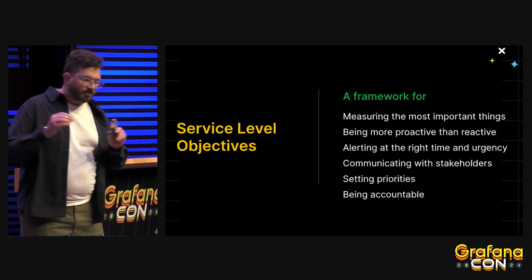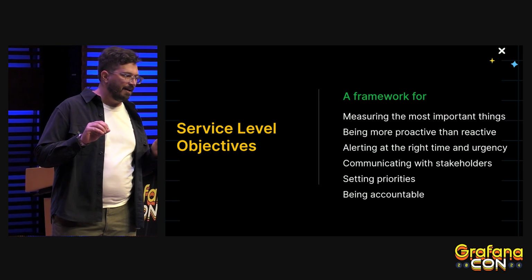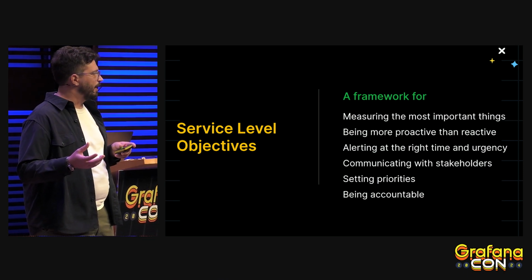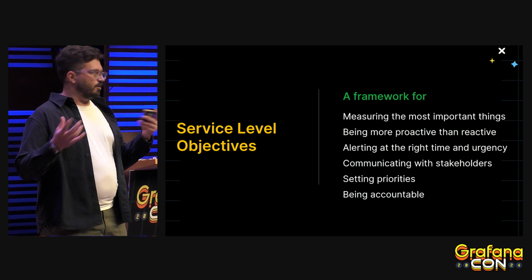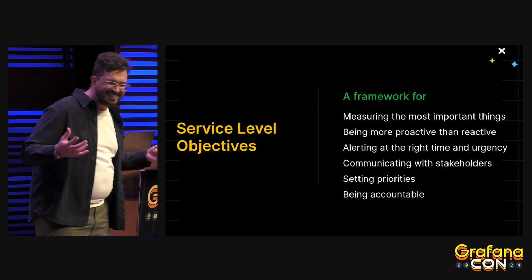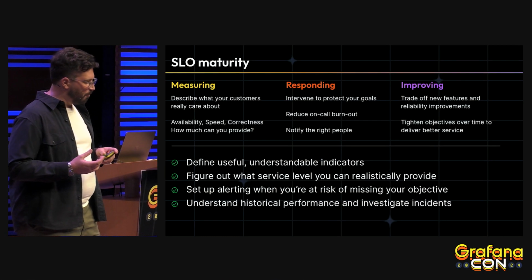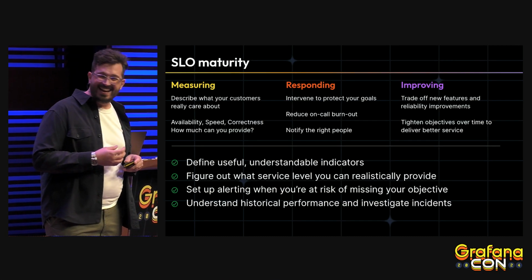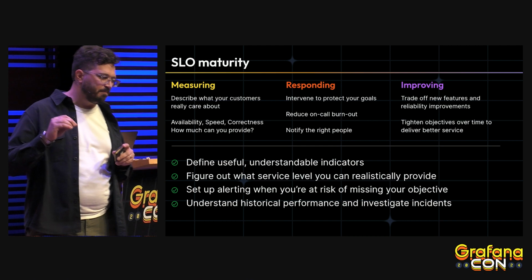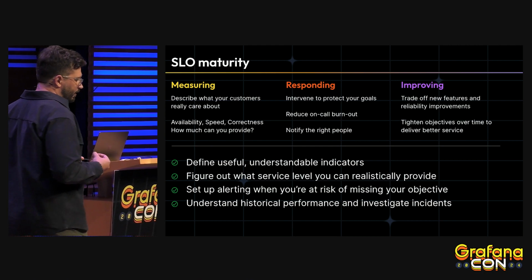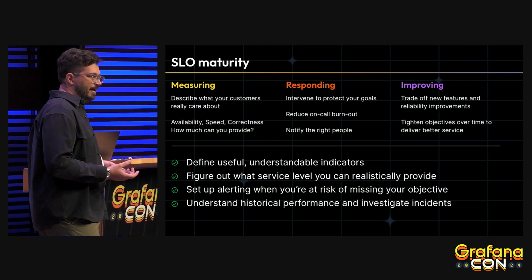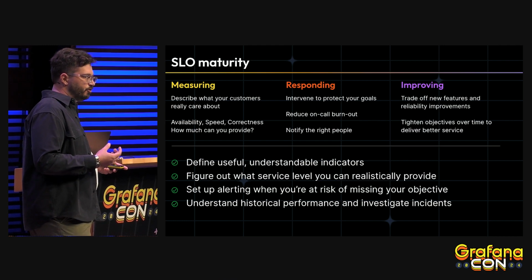Now, there's a lot of little fiddly things involved in that. There's a great blog post from SoundCloud about sort of this framework. There's a whole book from Google about it, but how many people in your company are going to read that whole book? As you get better at using SLOs, you can use them for more than just measuring and alerting. Now you know how you've been doing over the last month, 2 months, 3 months, and you can start to make plans.